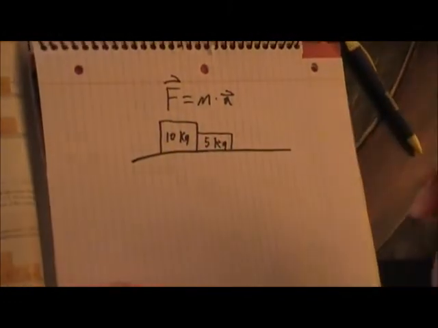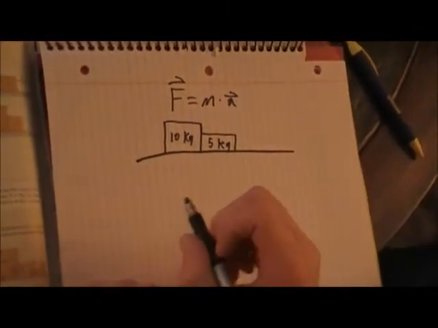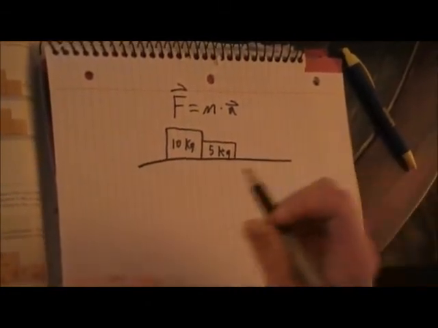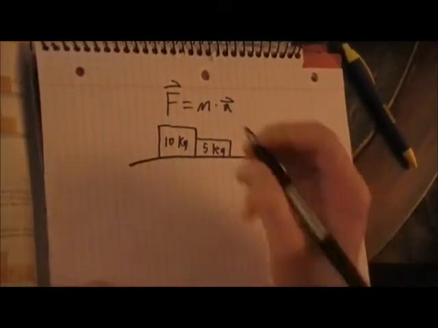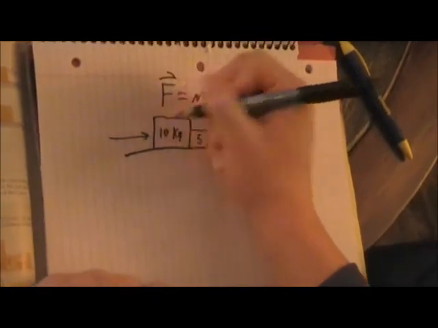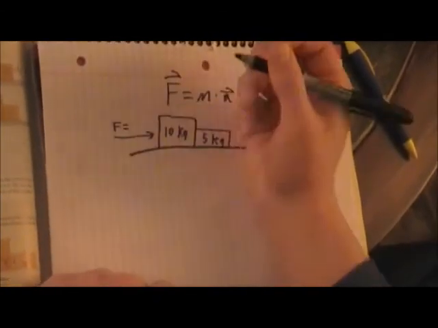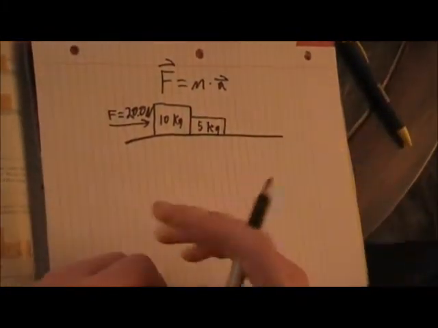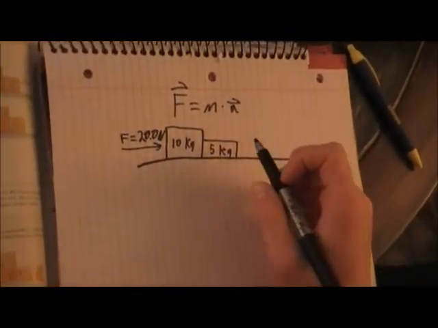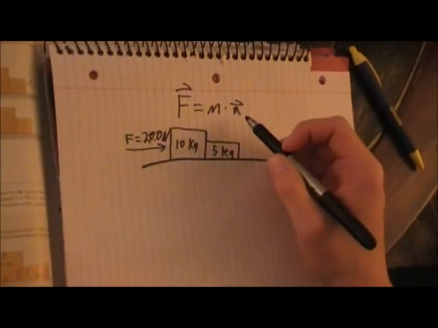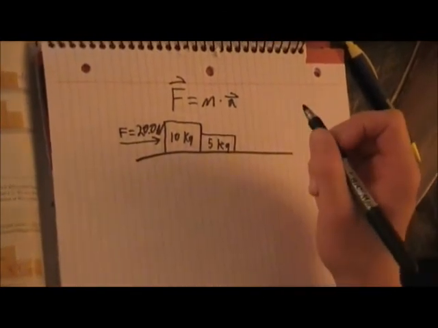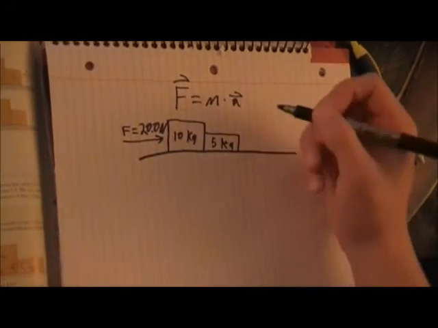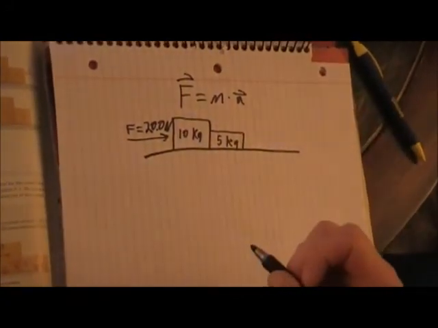And if I were to push these boxes, regardless of the friction right now, to the right with 20 newtons of force, I know the force and I know the mass, now I want to find the acceleration, and also I'm going to try to find the force of contact between the boxes, but first I have to find the acceleration.